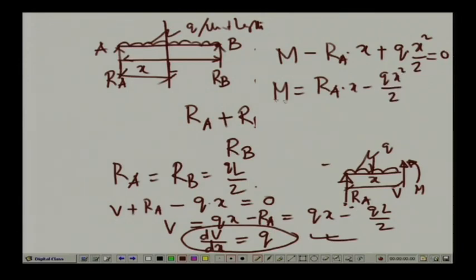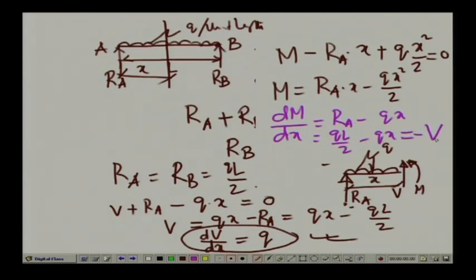So, this gives us M as equal to R A into x minus q x square by 2. Now, if we take the derivative of this, dM dx is equal to R A minus q x. R A, as we have seen, is q L by 2. So, this is q L by 2 minus q x, and this is nothing but equal to minus V, since V, as we have seen, is equal to q x minus q L by 2.